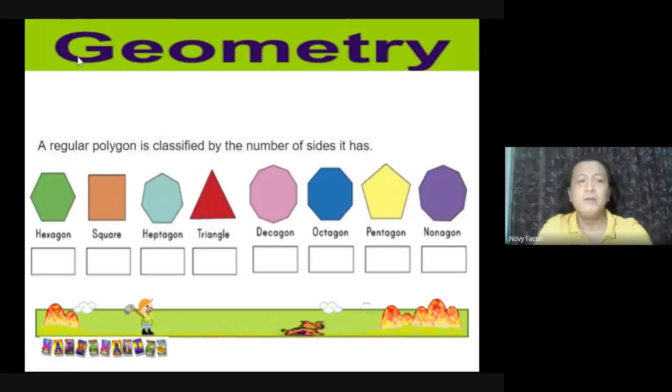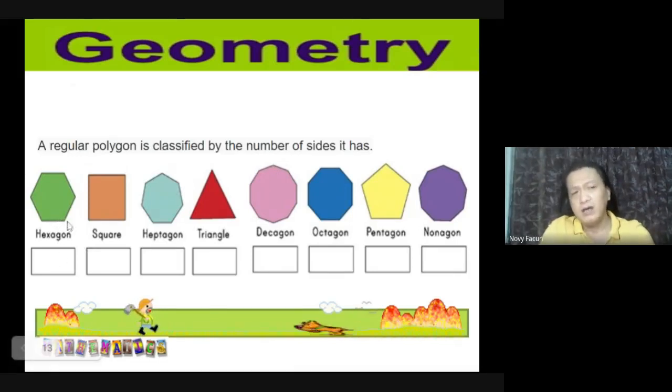And with that, meron tayong tinatawag na regular polygon is classified by the number of sides it has. So, kung meron tayong tinatawag na hexagon, ilang sides kaya meron si hexagon? Bibilangin lang natin. We have 1, 2, 3, 4, 5, 6. Kaya this is 6-sided polygon. That is called hexagon.